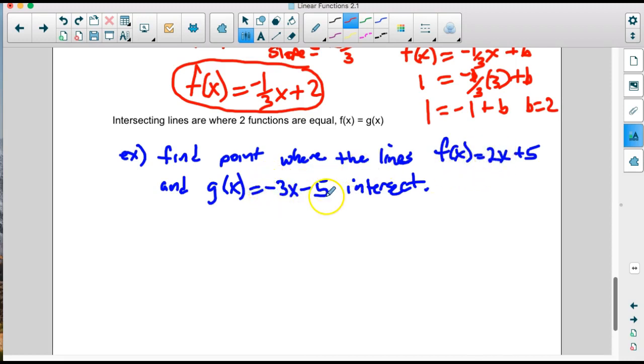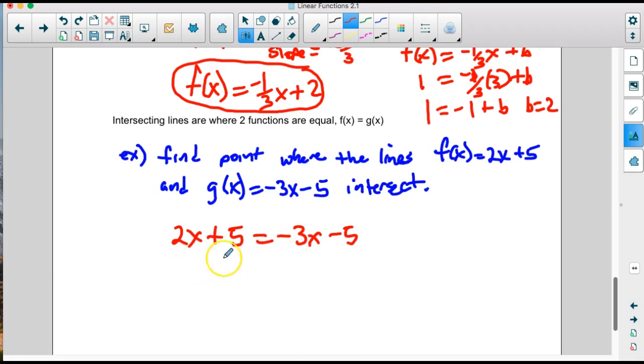If they had the same slopes, they would never intersect, and you would just say that they don't intersect if you see that they have the same slopes. But in this case, they do not. So they're going to intersect. So we're going to take f of x, which is 2x plus 5, and we're going to set it equal to g of x, which is negative 3x minus 5. And we're going to solve that.